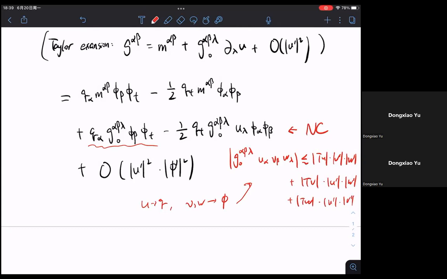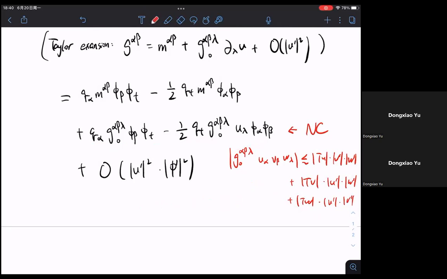If you replace U with phi, V with phi, and W with U, you can also use this estimate directly to estimate this term. So you can just apply the lemmas there and get the bounds you like.